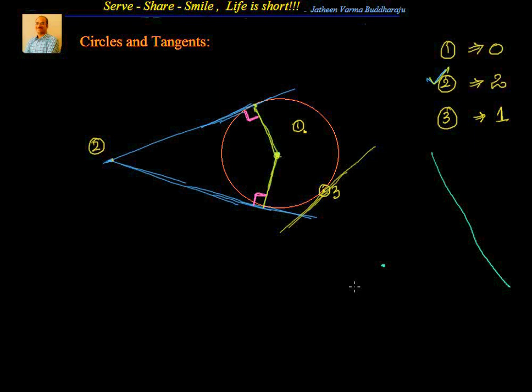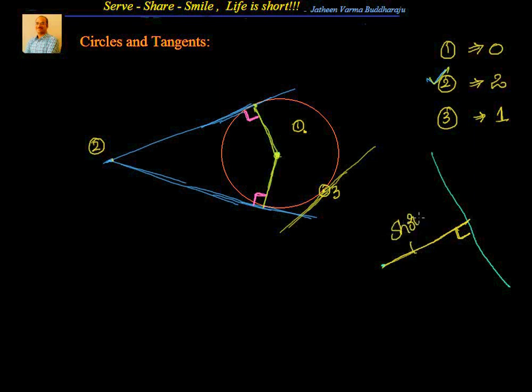So always I have to go for the shortest distance. What is the shortest distance between a point and a line? Suppose I have a point and a line, I always go for the perpendicular distance because the perpendicular distance is the shortest distance.